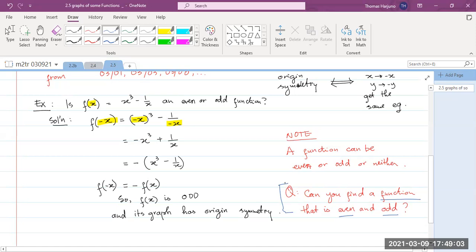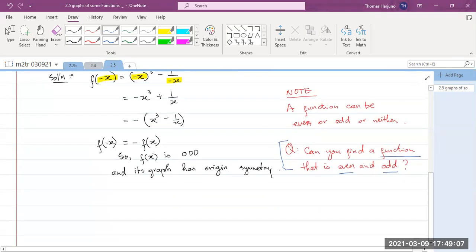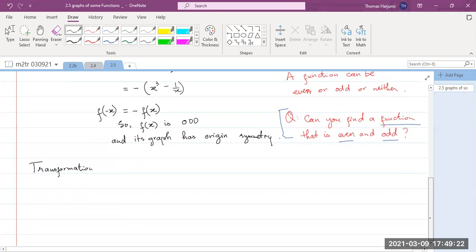Okay, now once I get this even odd function issue out of the way, then we will start with graphing transformations. There are 4 types of transformation. The first one, translation.